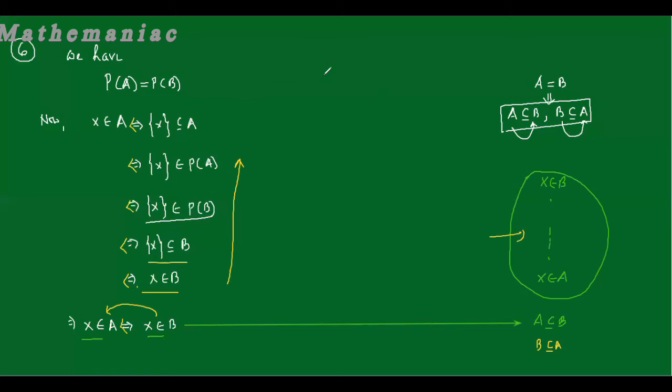Do not write these extra parts. So I come up to these bidirected arrowheads: A is a subset of B and B is a subset of A. So what will my conclusion be? A equals B. This is the way we prove this result: P(A) equals P(B) implies A equals B.